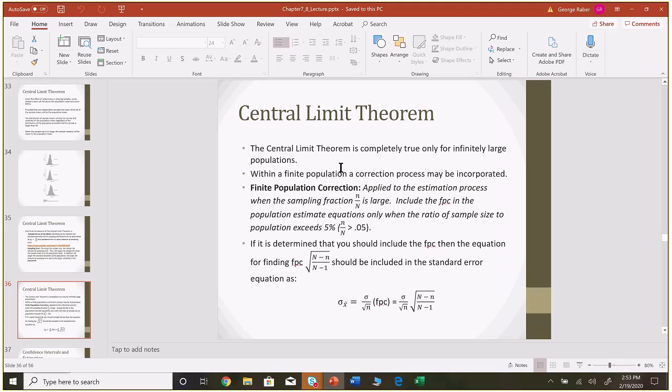Well, we can mathematically look at that in a minute, but if the population size is 500, then that's nowhere near an infinitely large population size. But if it's really, really large, we can treat it as infinitely large. So if we're talking about 300 million people, then we can treat it as that.